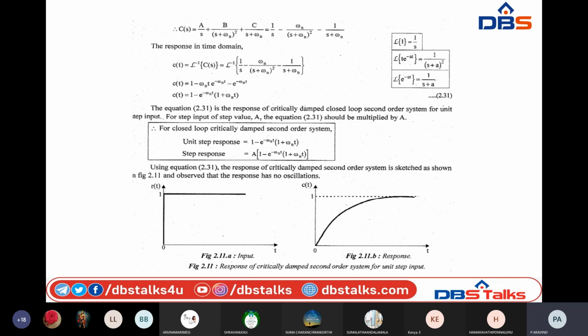See here the response indicates that there are no oscillations, but in previous cases, that is the response of undamped as well as underdamped second order systems for the unit step input, there is an oscillatory response. But here the response has no oscillations, as shown in figure 2.11b.